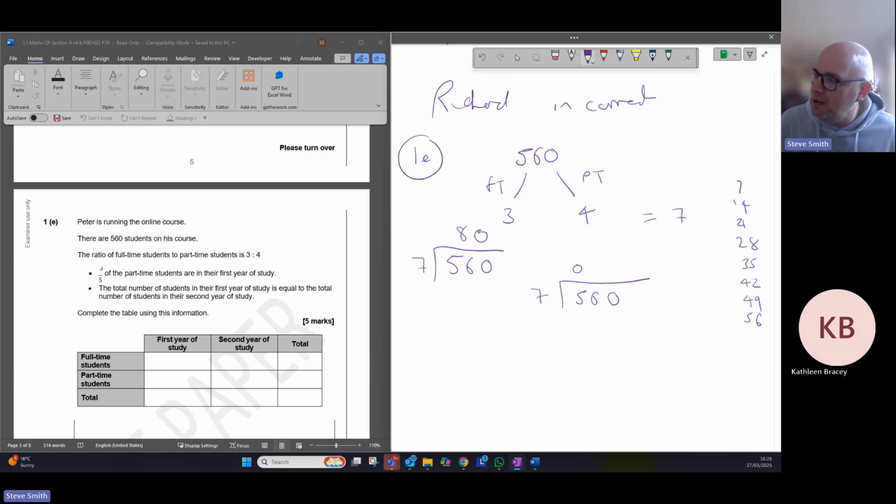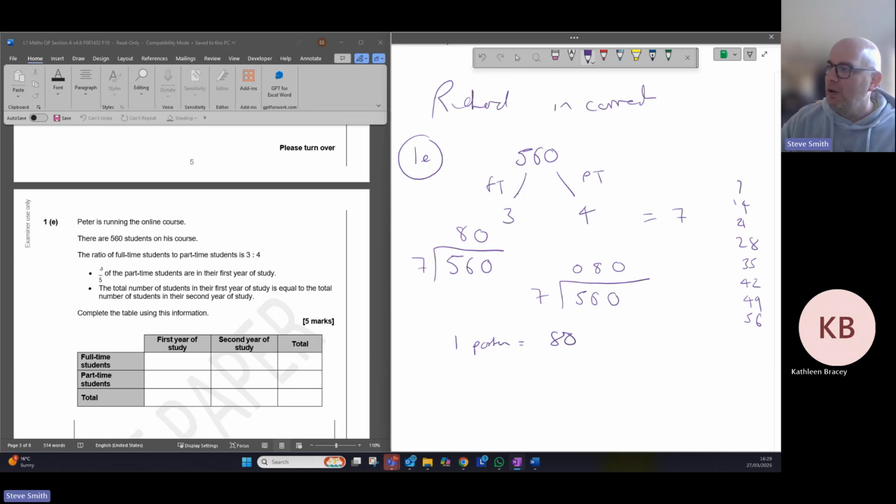Oh yeah, it's 8 times, so we'd say 8, and then 7's into 0 is 0. So we still get the same answer. So when we split 560 into 7 equal portions, each portion is worth 80. So 1 portion equals 80.